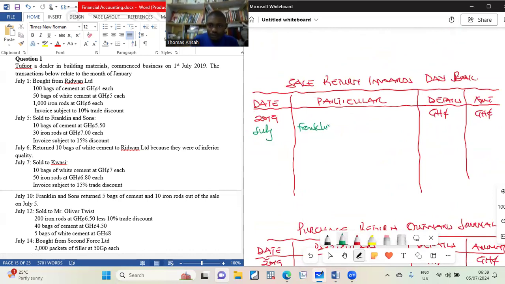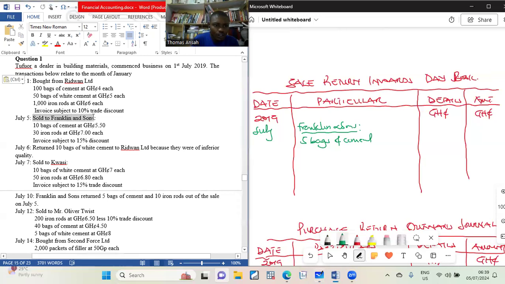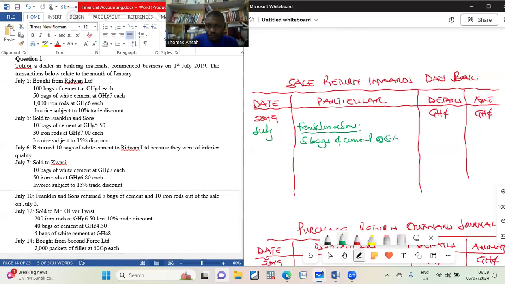They returned 5 bags of cement. What was the price? Let's go to the transaction made with Franklin. Cement was 5.5. So 5.5 by 5 is 27.5. Not only that, they also returned 10 bags of iron rods.